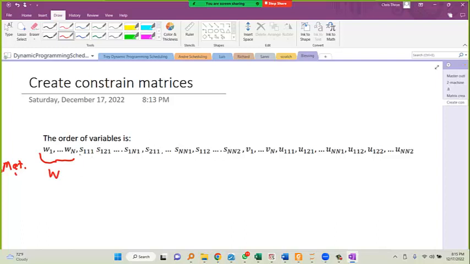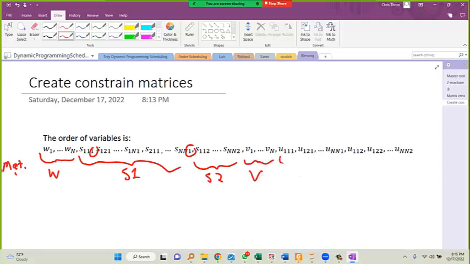We'll have S1, and this can be S2. Actually, it doesn't stop there. S1 goes all the way, because S1 has a 1 at the end, so it goes all the way to here. Here's S1. Here's S2. Here's V. Here's U1. And here's U2.